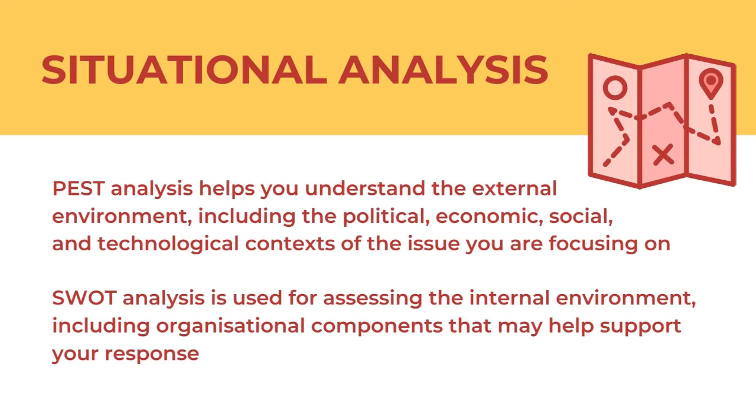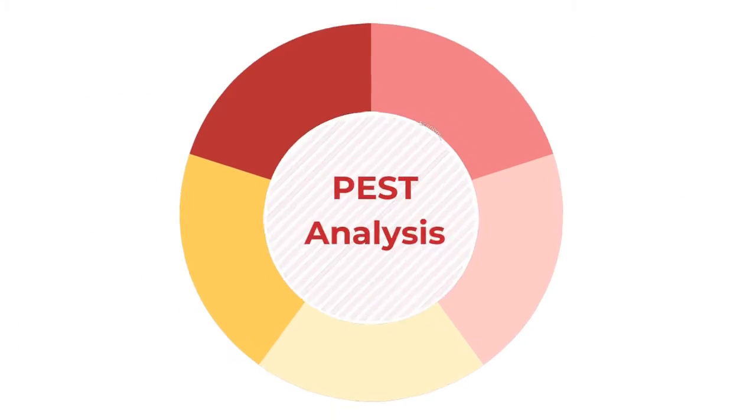It will also show you what additional specific expert help you may need to plug gaps in your knowledge. A SWOT, on the other hand, is the tool that is used for assessing the internal environment and helps you to identify those internal organizational components that may help you support your response.